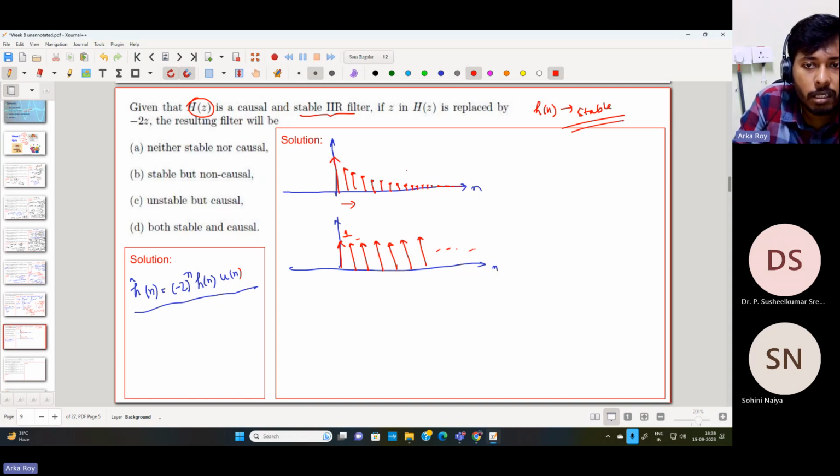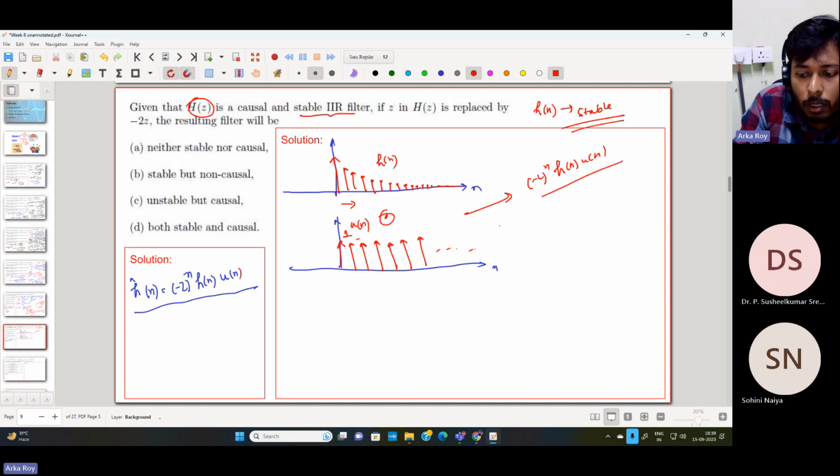So this could be a situation, and we are multiplying minus 2 to the power n with this particular sequence, and then whatever the resultant is. So this is h of n, this is u of n, and then we multiply minus 2 to the power n with h of n and u of n.